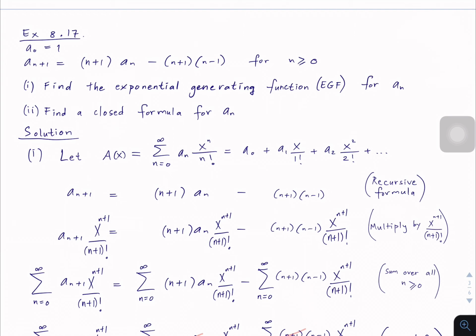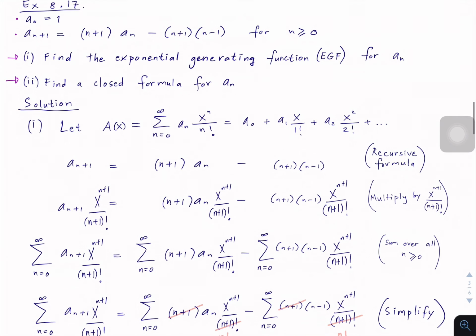Again, we're given the initial value, a0 is 1, and then we're given this recurrence relation. First we will find the exponential generating function, and then we'll use that to find a closed formula for a sub n.